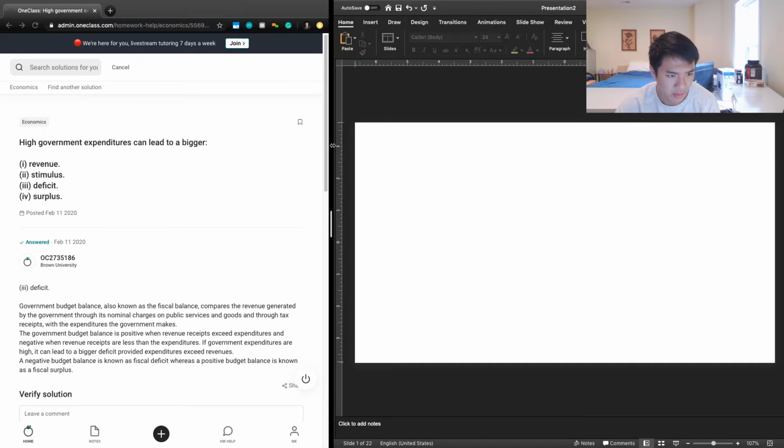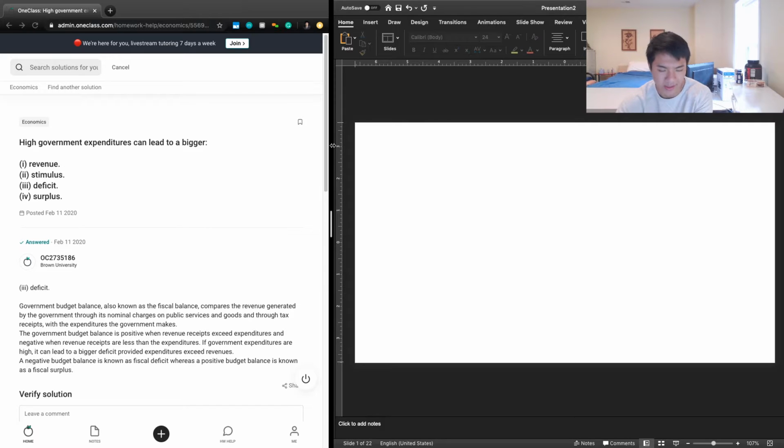Number two is stimulus. This is a little bit more tricky. Stimulus refers to basically allowing the economy to grow a little bit faster, and so high government expenditures can lead to a bigger stimulus. We're going to keep an eye on that and see if we come up with any better answers. Third is deficit, another great answer, because a deficit is made up of when government spends more than it receives in taxes.